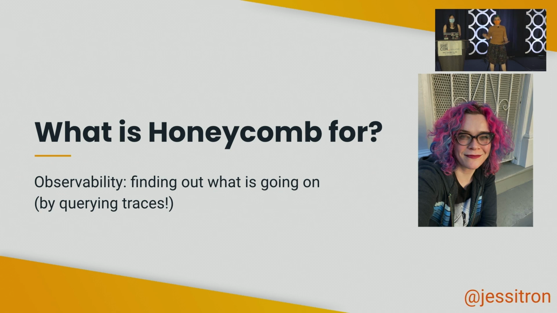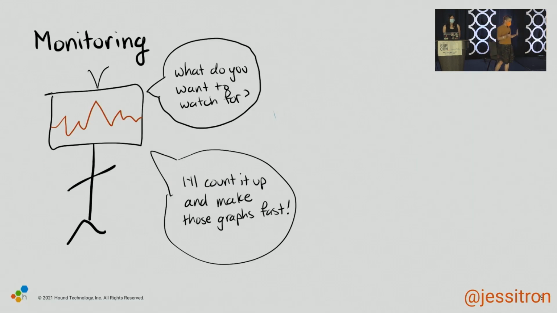Well, to distinguish observability from monitoring: in monitoring, you know you need to watch out for some things. So I'm going to decide what we need to count, and we're going to count all the things, and store all those counters from second to second so that when we need to graph them, whoosh, it's really fast.